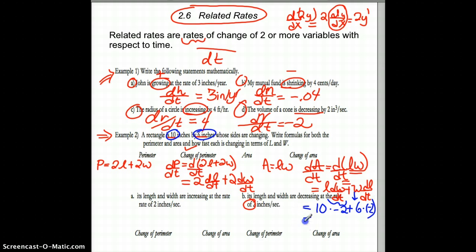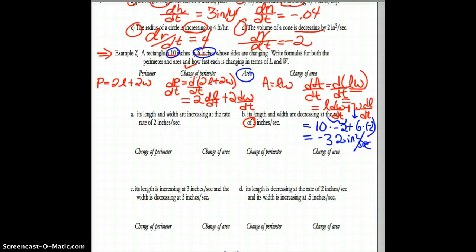So I'd end up on that one with negative 32. And because we're talking about area, that would be inches squared per second. All right? So really what these involve is things changing over time.